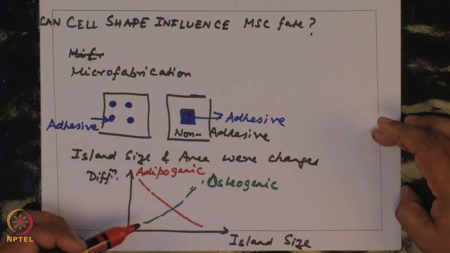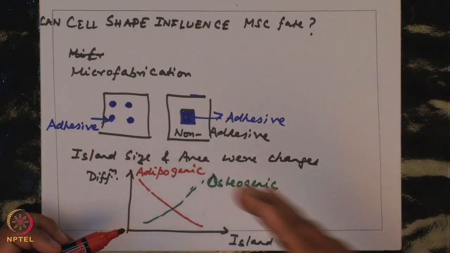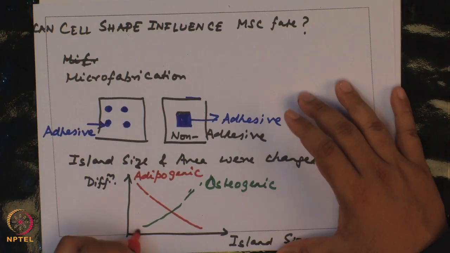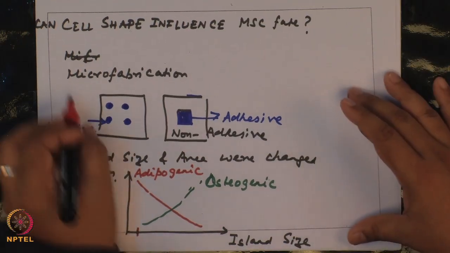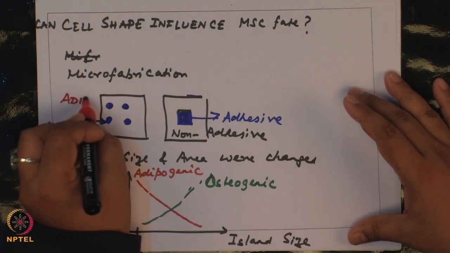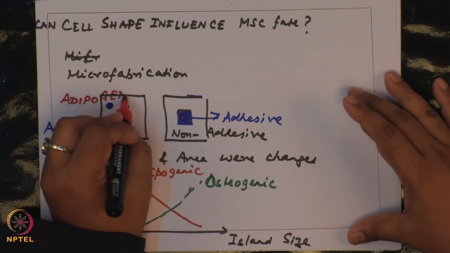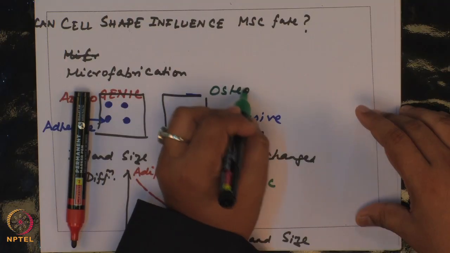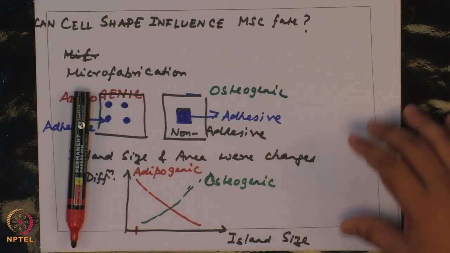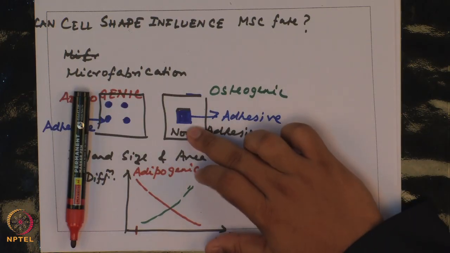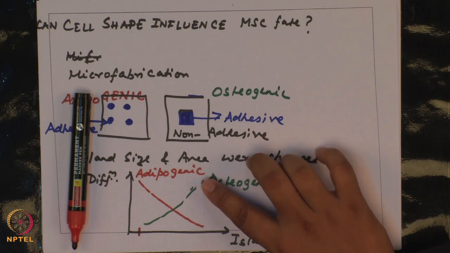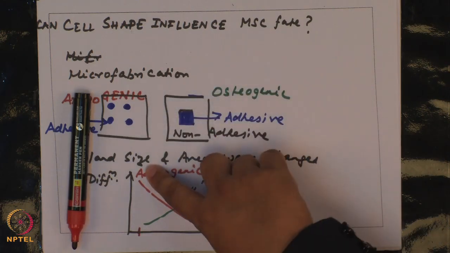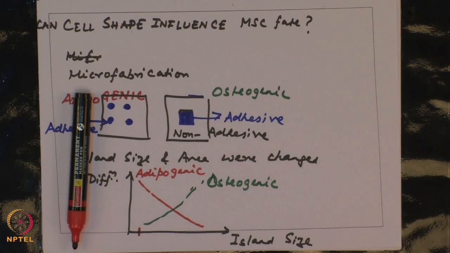Increase in island size switched the differentiation status, with a more prominent adipogenic differentiation on small island sizes. So, this environment will be more adipogenic and this environment will be more osteogenic. So, the bigger the island size, more osteogenic differentiation, less adipogenic differentiation. The smaller the island size, more adipogenic differentiation, less osteogenic differentiation.